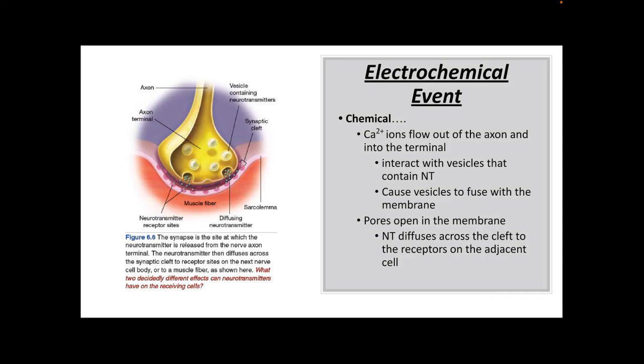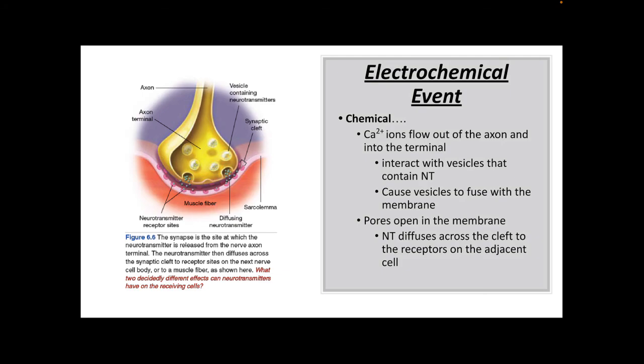When this happens, the depolarization causes calcium ions to come into the terminal through calcium ion channels. When the calcium ions come into the axon terminal, this triggers the vesicles in the axon terminal that hold a bunch of neurotransmitters.